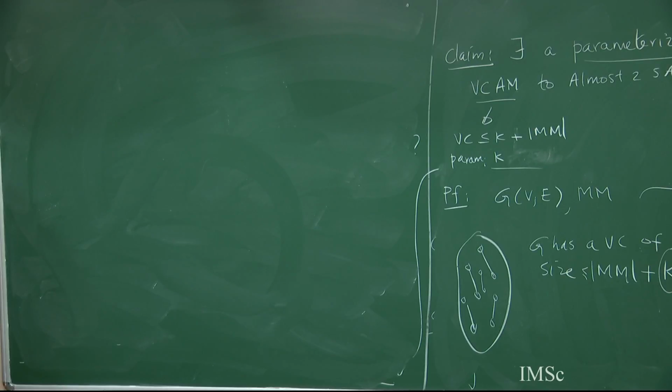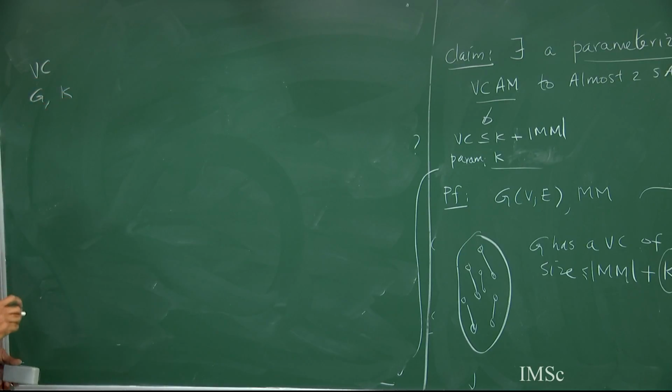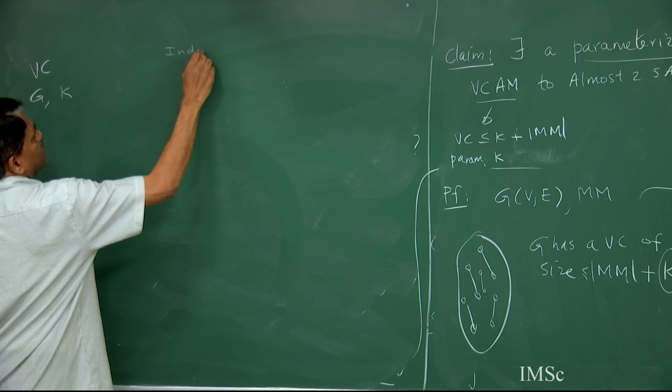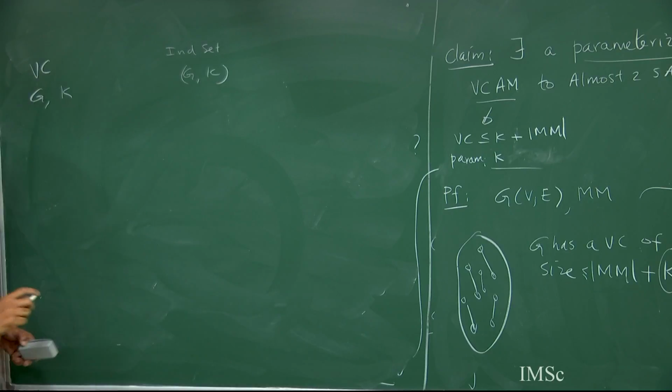So an example which is not a parameterized reduction: vertex cover and independent set. You look at this vertex cover problem where you want to find a k-sized vertex cover, and let's look at independent set, where one is interested in a k-sized independent set.